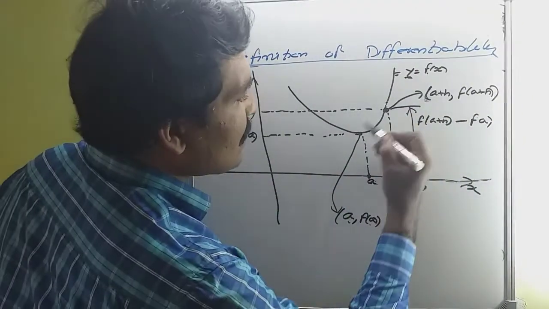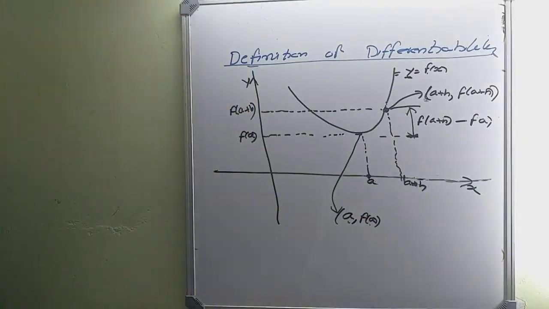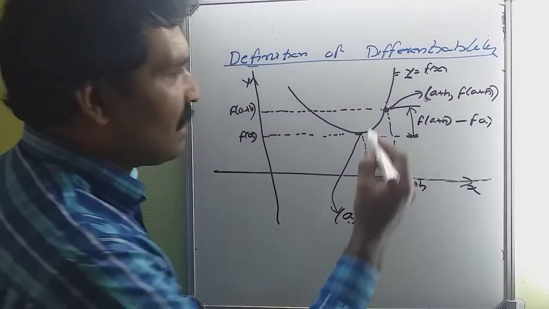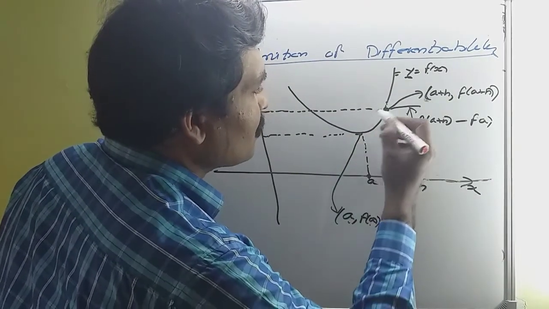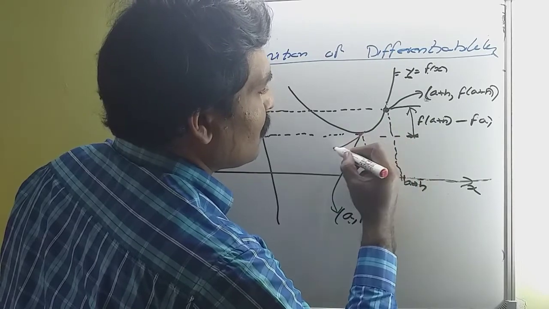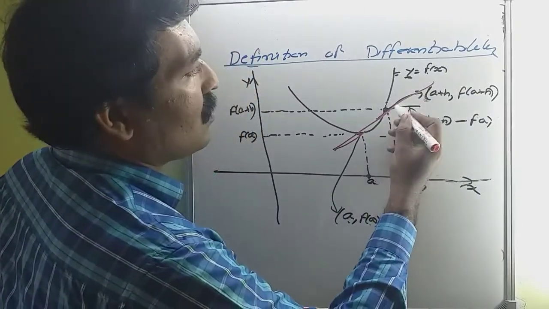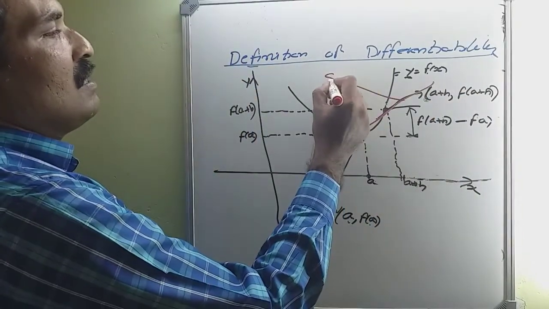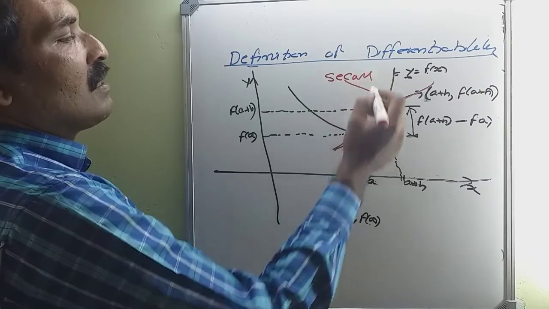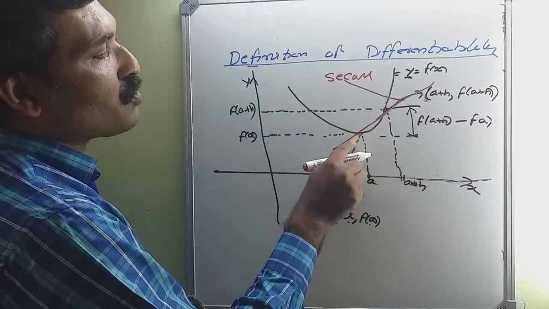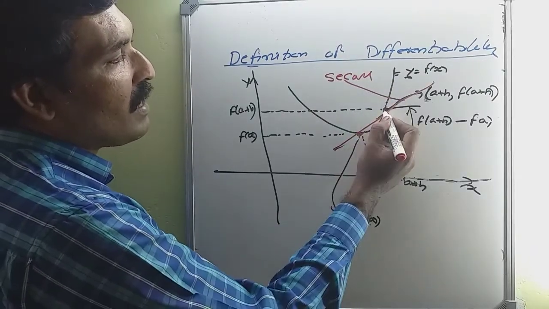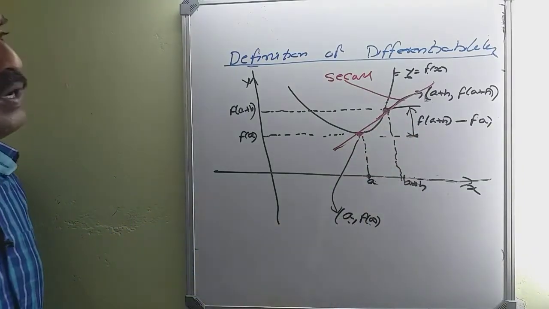Now draw a secant between this point and this point. This is the secant, which cuts the curve at two points.